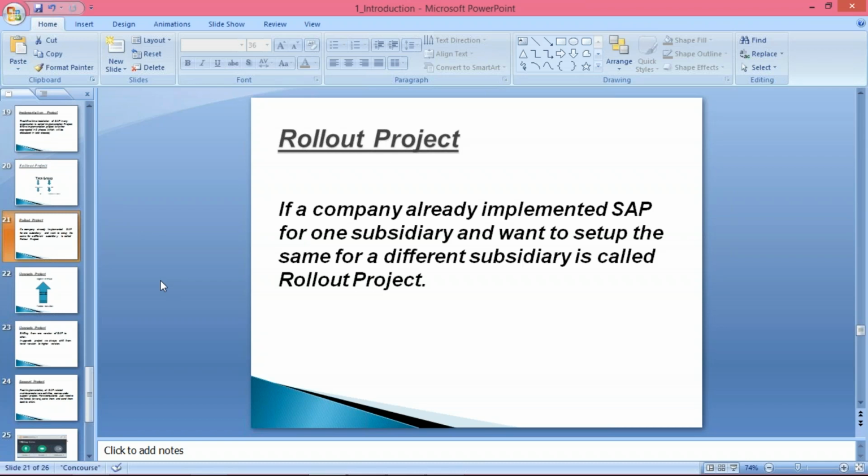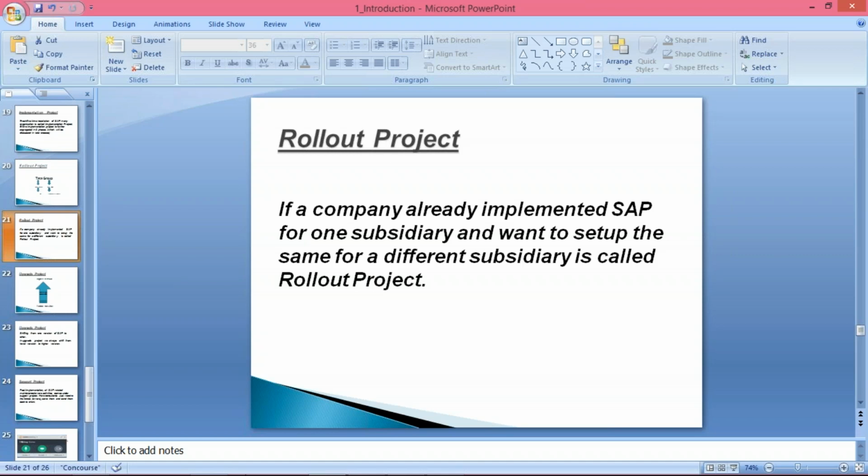So if somebody says that you guys are going to be part of a rollout project, it means that in that particular organization, few of the subsidiaries already have SAP. SAP already got implemented for a few of the subsidiaries. Now they are looking for the same for a different subsidiary. So here the number of activities are going to be reduced.